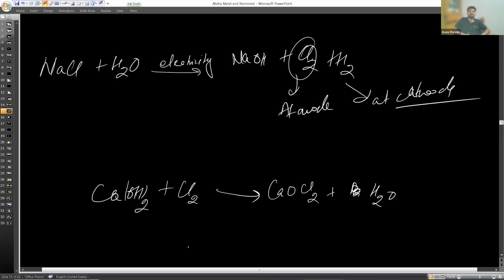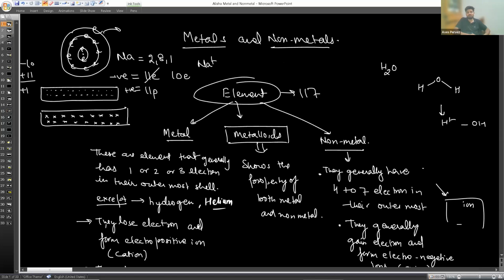Okay, let's start the new chapter. That was the first chapter of chemistry, and this is the third chapter of chemistry, that is metals and non-metals. Okay, so let me start with this one. Just a minute.